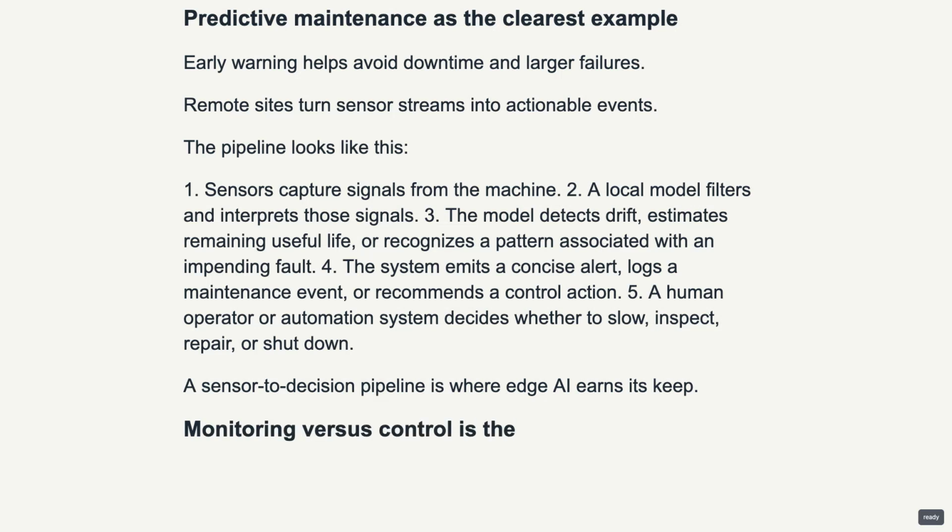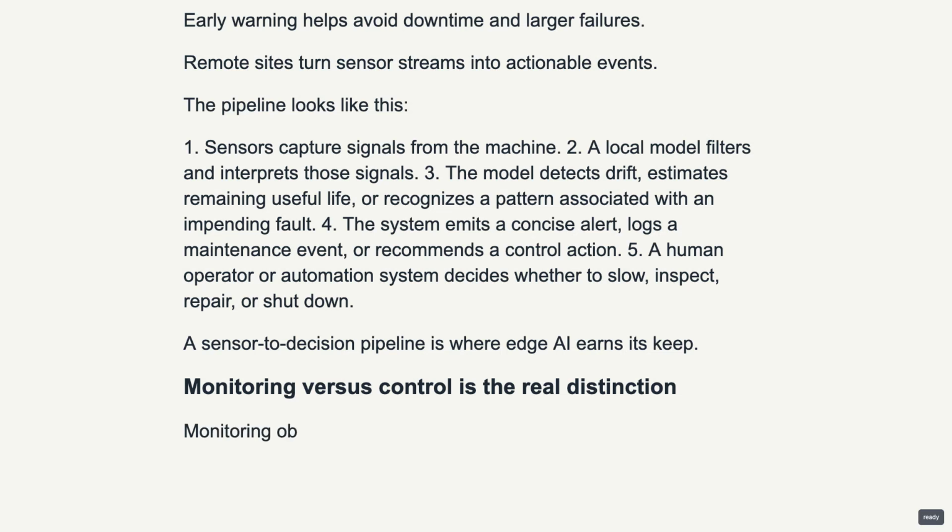The important distinction now is between observing a system and changing it. Those two roles sound close, but they demand different levels of trust in the model. Monitoring means watching and reporting.